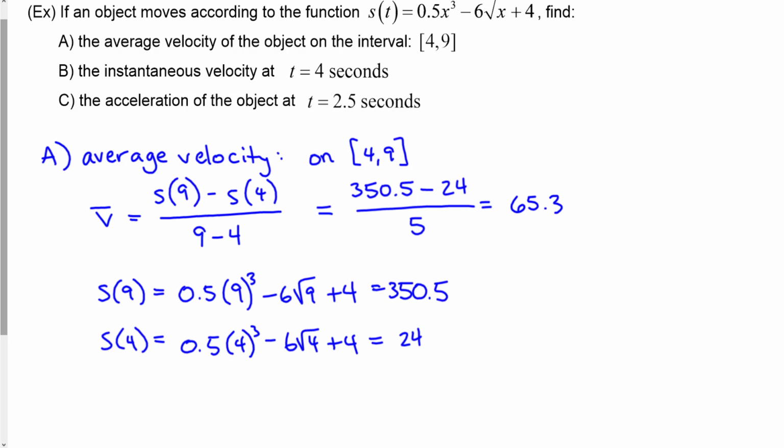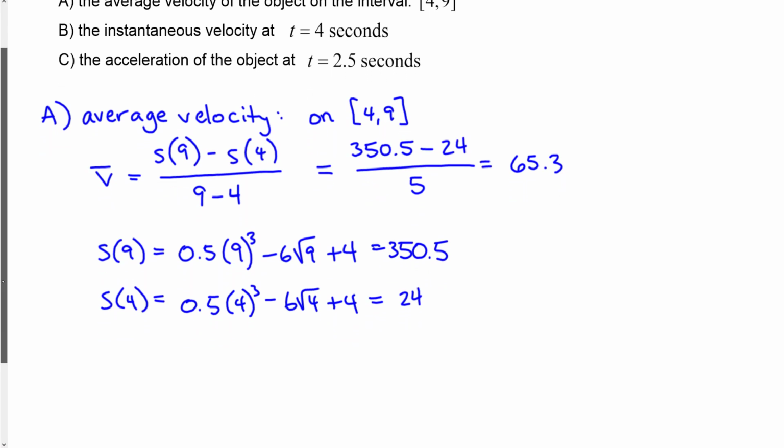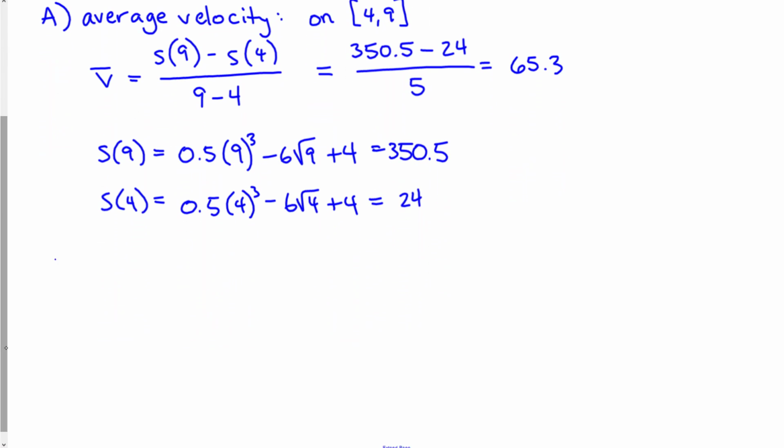Part B, let's find the instantaneous velocity at t equals 4.